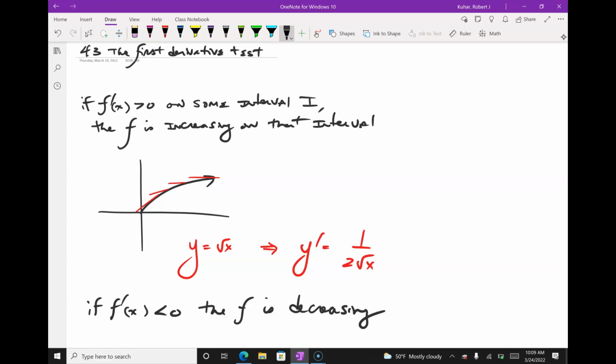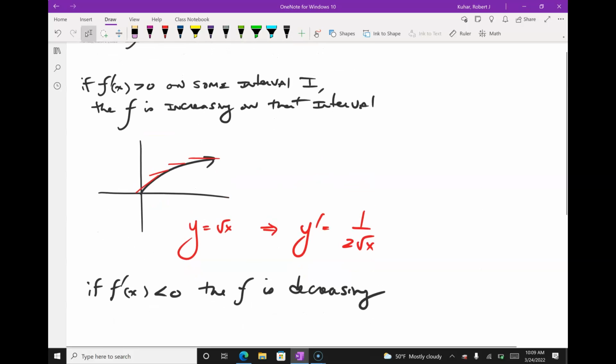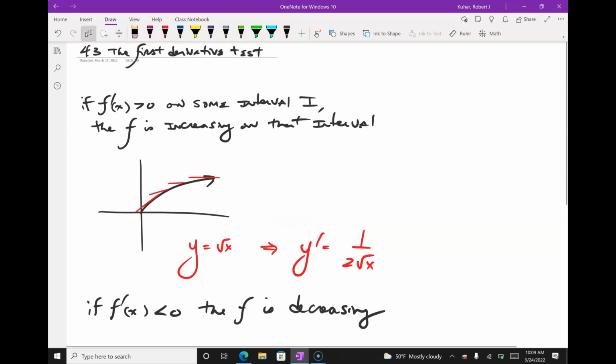We're looking at better blood pressure, trying to get the blood pressure at the right rate to heal a patient. We're always going to be looking at derivatives. How things are changing is going to tell us something about the original. So that's basically what's going on here.